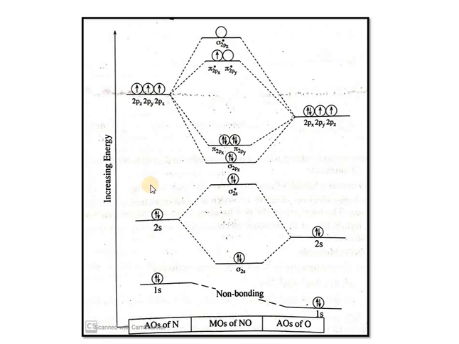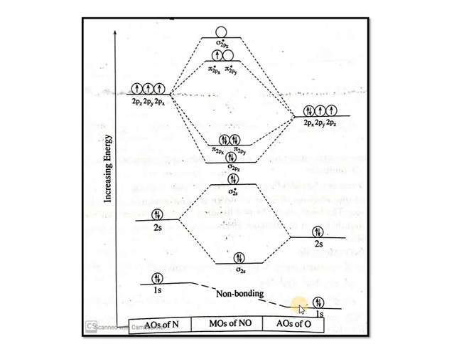Now see these molecular energy level diagrams. We observe that the 1s orbitals of nitrogen and oxygen atoms are not in the valence shell.